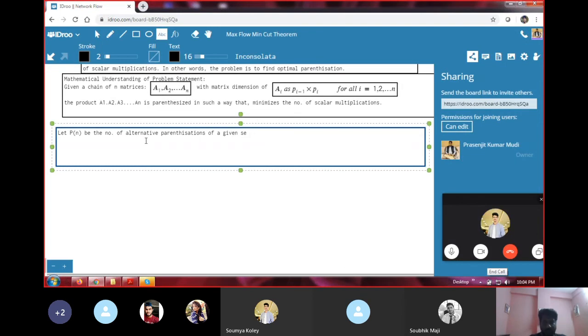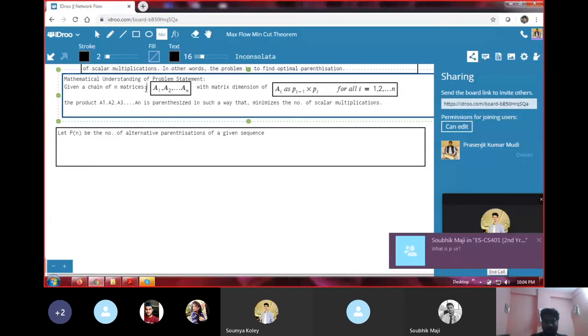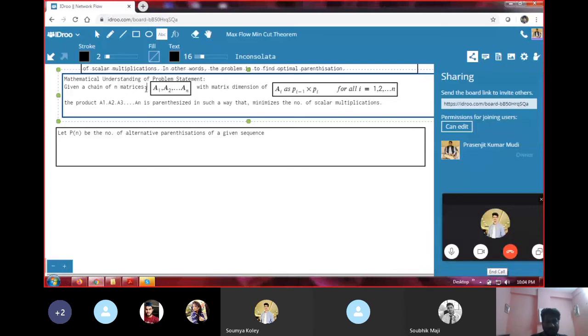Let us denote this sequence as P. So the sequence is A1, A2, up to An, and so on.